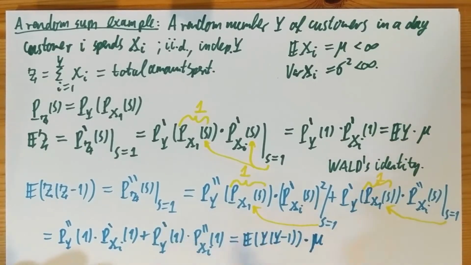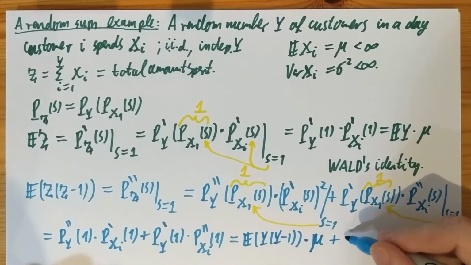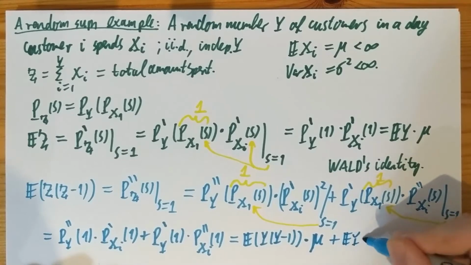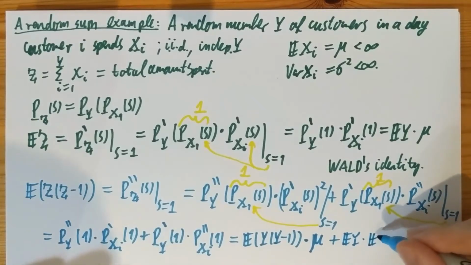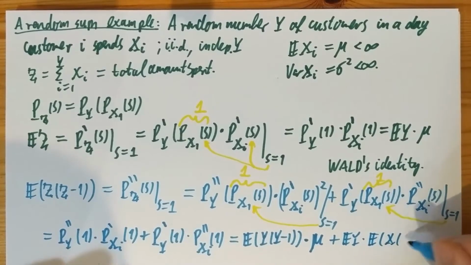Then I have the first derivative of P_Y at 1, which is the mean of Y. And that's multiplied with the second derivative of the generating function for xi, which is the factorial moment E of X times X minus 1. Okay, so this is how far I got with that.